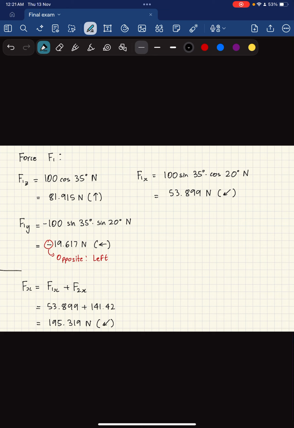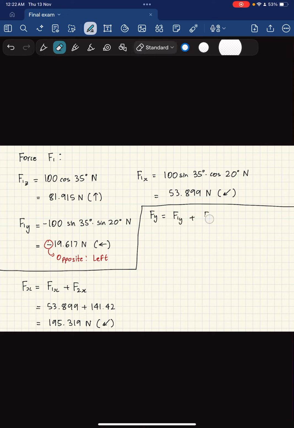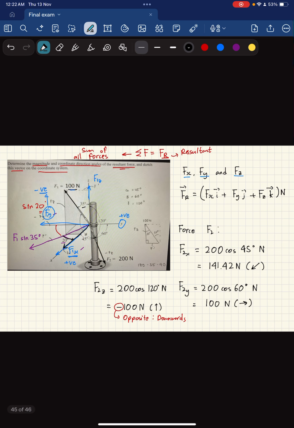Let me draw a border here real quick so that we don't get confused. Now Fy is F1y plus F2y. F1y is negative 19.617 plus F2y, which would be 100.